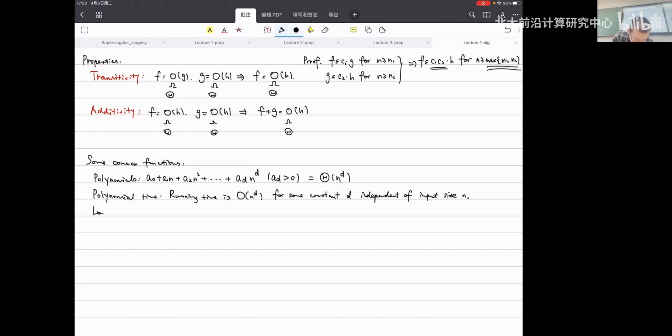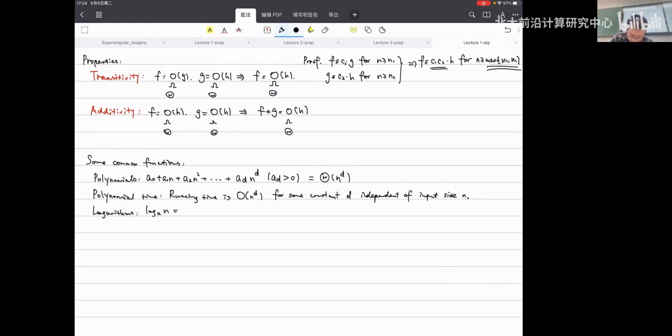So how about some other functions? Maybe for instance, the logarithms. We can talk about a function like log n with a as the base. There is some basic mathematics here.